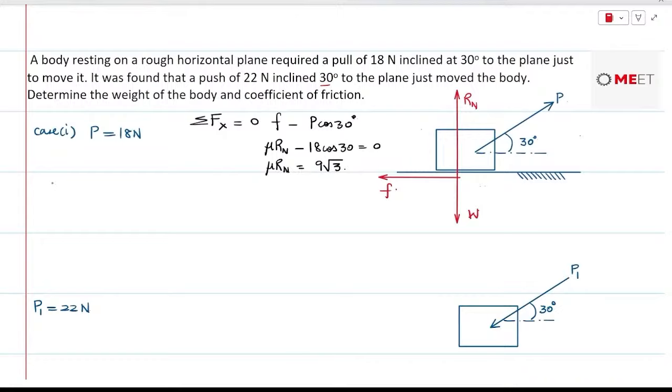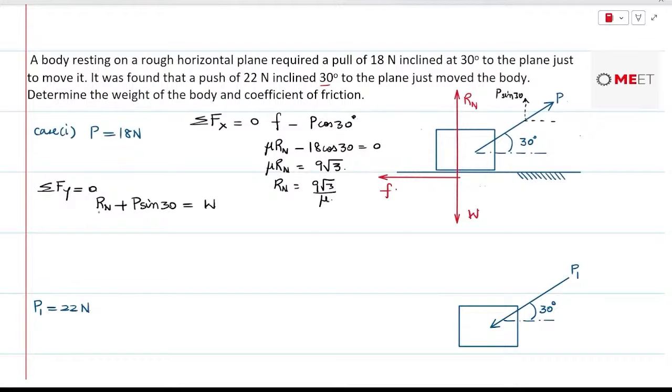Next is the forces in the y direction, that is equal to 0. So Rn is upward plus the component of P that needs to be taken. So P sine 30, Rn plus P sine 30 is equal to W. So here the value of Rn could be expressed as 9 root 3 by mu.